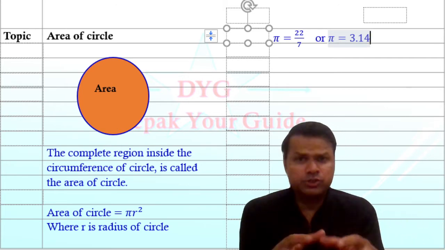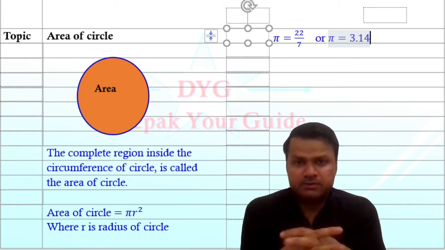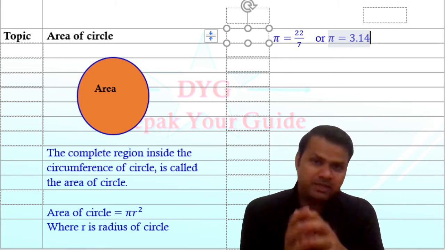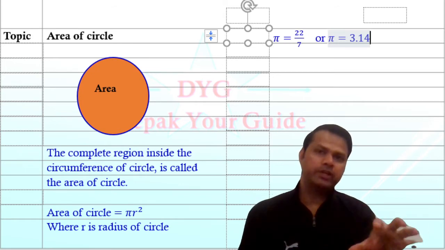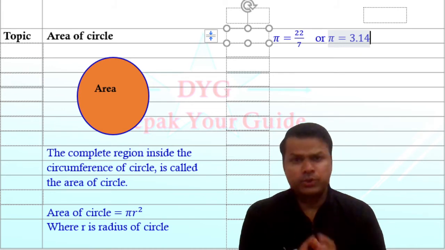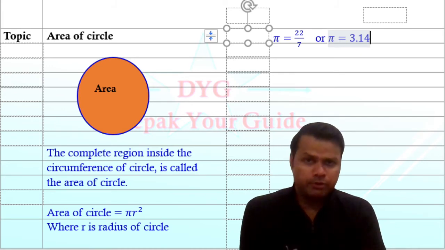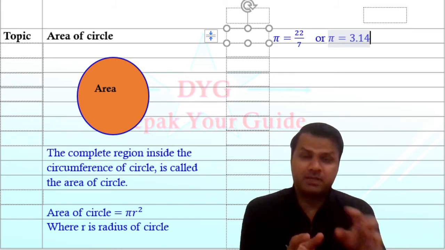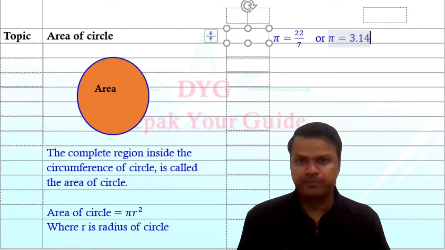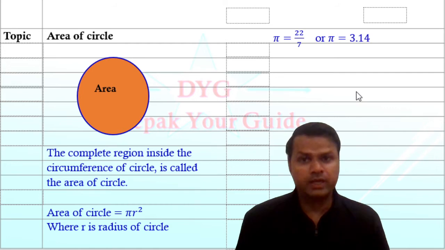So do not give this opportunity. If they have not specified anything, for example if they say find the area of circle or find the circumference of circle, it's up to you what value you want to use for pi. However, if they have specified, make sure you use that value just to avoid any confusion. So these are the two different values we can use.